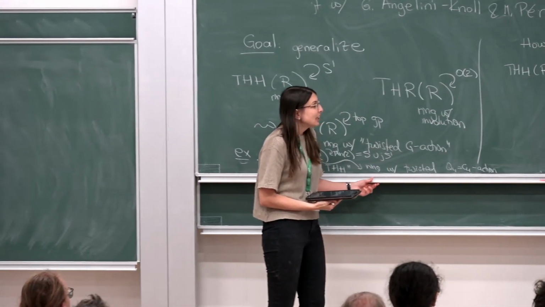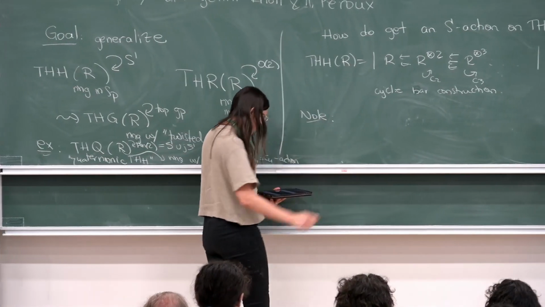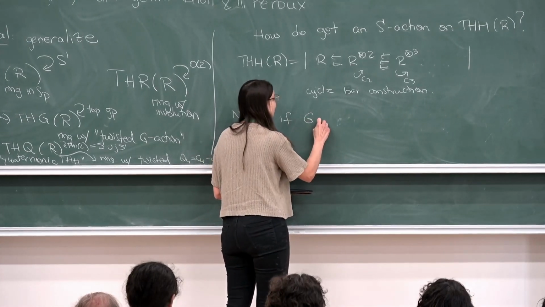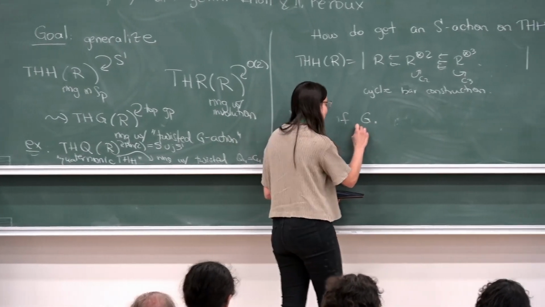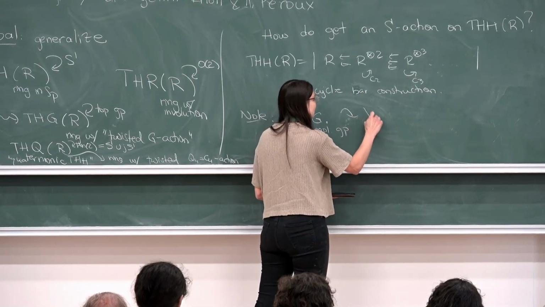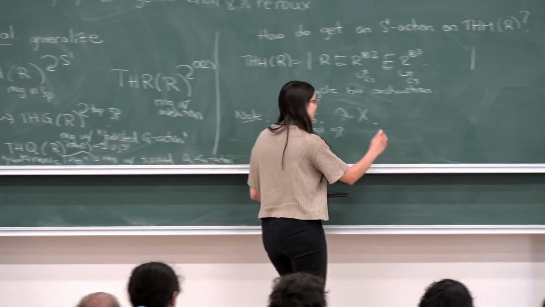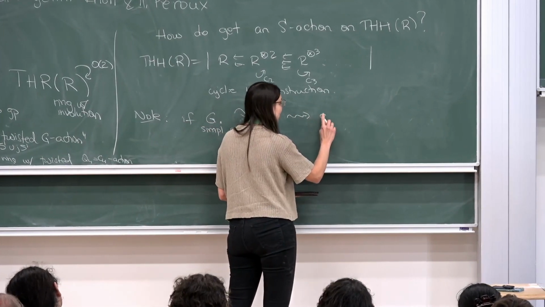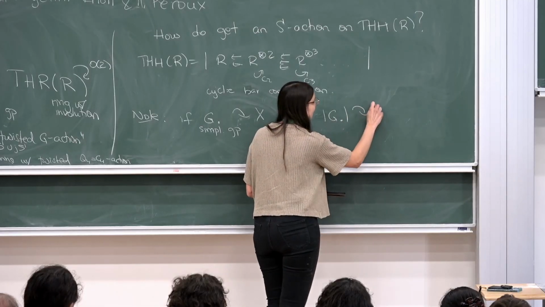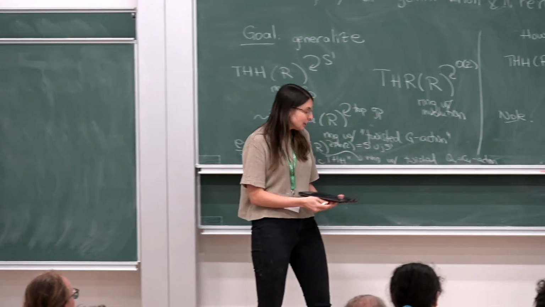Okay, so first, let's note something very simple, which is if we had a topological group, so if G dot is, sorry, not a topological group, a simplicial group, and if this was acting on some simplicial object, X dot, then we would get an action of the realization of G dot on the realization of X dot.